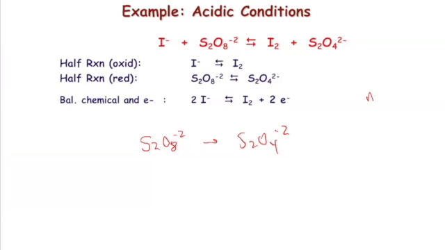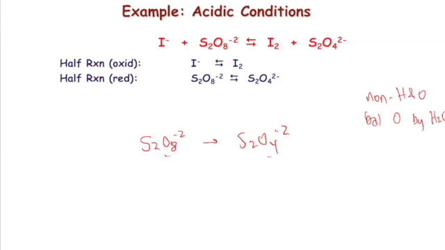Non-hydrogen and oxygen first. Then balance oxygen by water. So here we have 8, here we have 4. So we need to have 4 H2O on this side. That gives 4 oxygens.